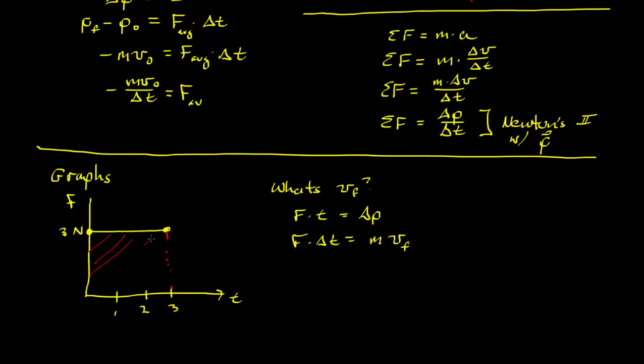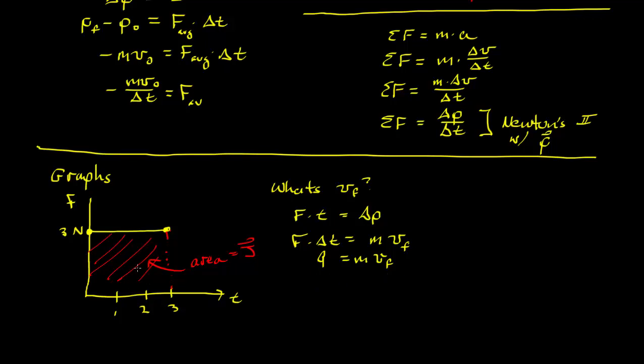So this area right here, the area on a force versus time graph equals the impulse. To get this value, I just find this area. So it would be 3 times 3 is 9. So I would get 9 = m v_f. And then to find the velocity, just divide by mass. And there you go, there's your final velocity.